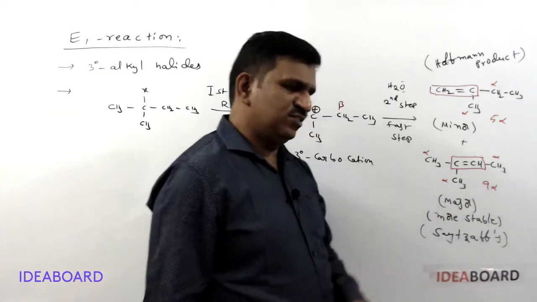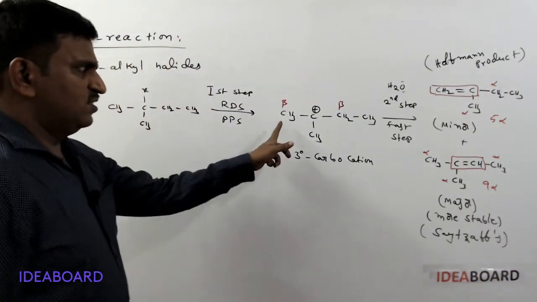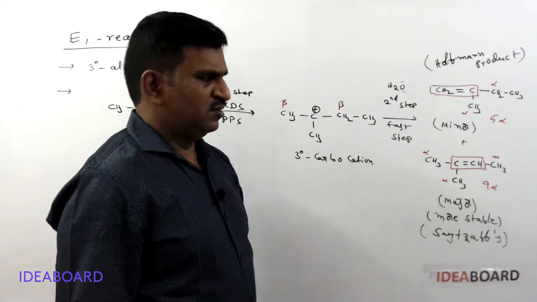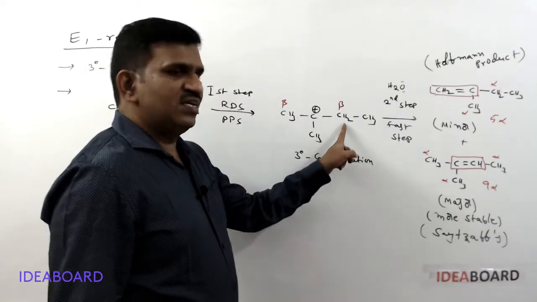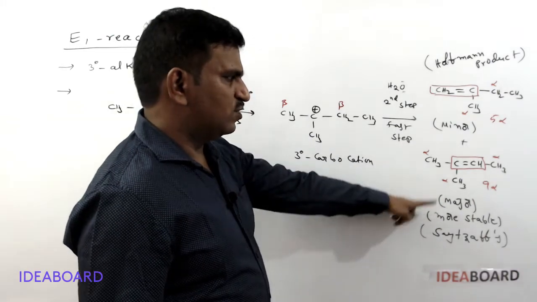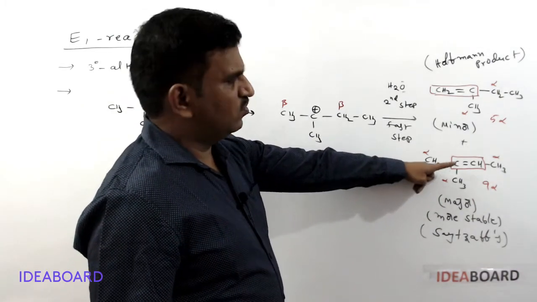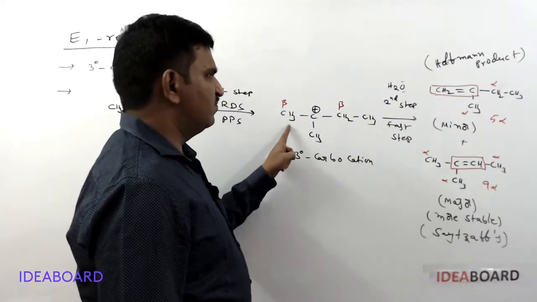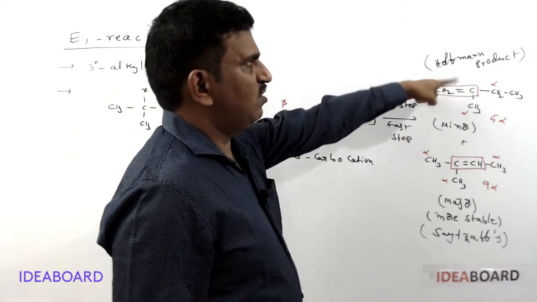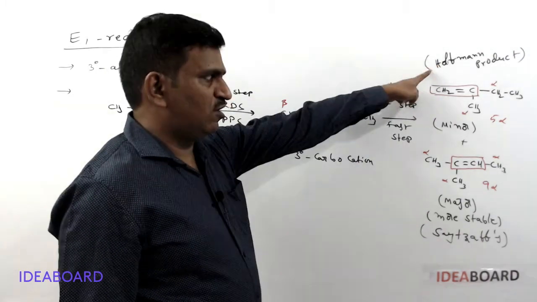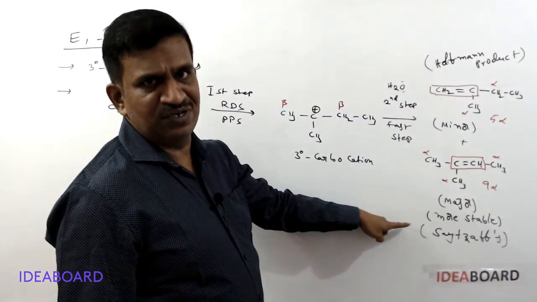Saytzeff product means that whenever different beta hydrogen atoms are available for elimination, the beta carbon containing fewer hydrogens releases the proton and forms the more stable alkene. If the carbon containing more hydrogens gives the proton, that is called the Hofmann product, which is opposite to Saytzeff.